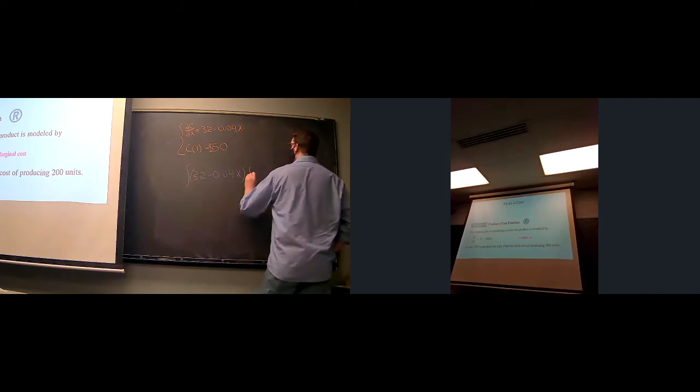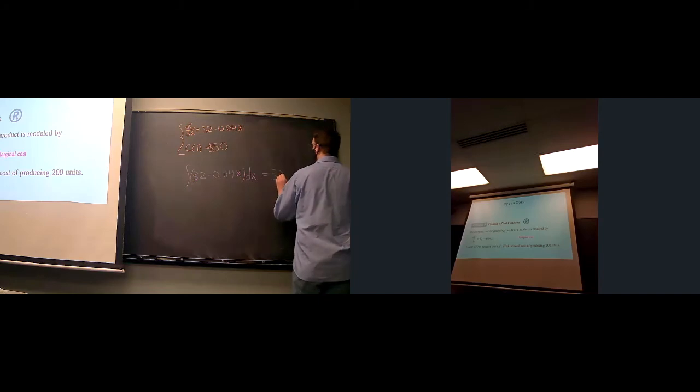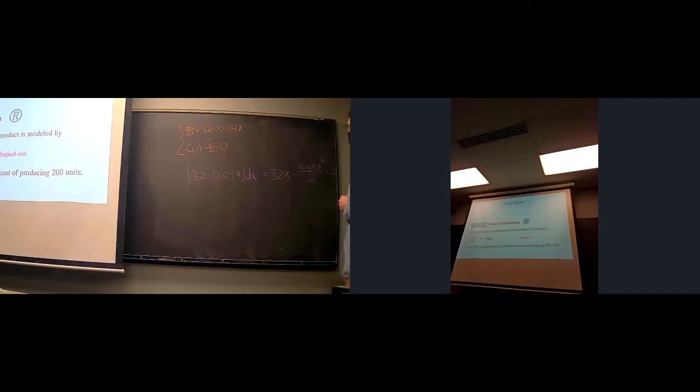When we integrate it, this is going to come out to be 32x minus 1/2 of 0.04x squared plus C. And I'm actually going to change that to K, just so we don't confuse everything here. Plus K.